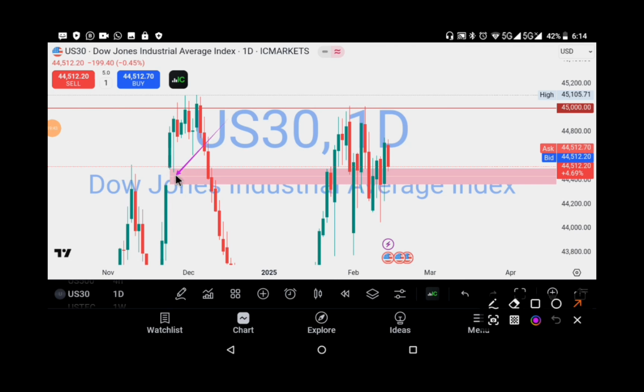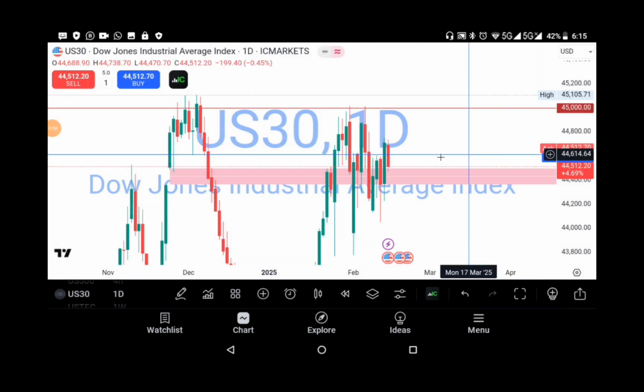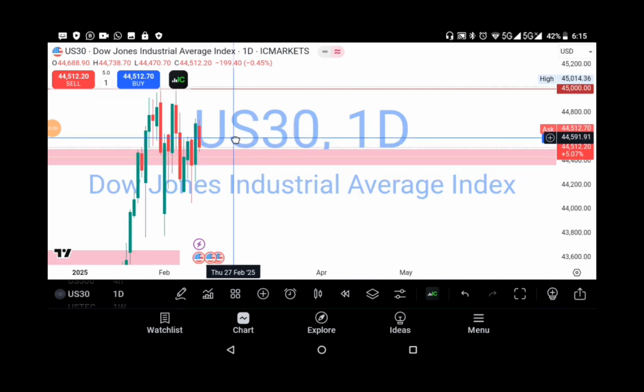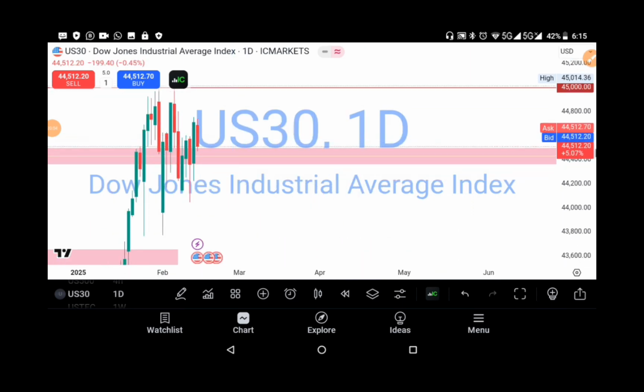So I'll be expecting the upper half of the liquidity void to remain a support to the price that will send us into 45,000. That is what I was watching. So on Dow futures, I will be sticking to my previous week analysis.